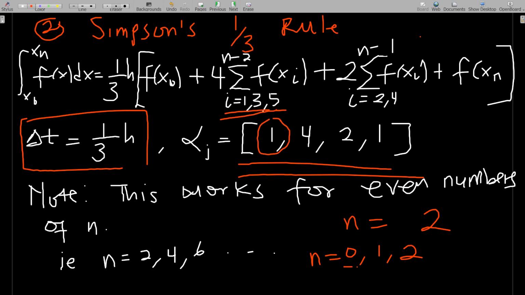So it means that for x1 the coefficient will be 4. Now 2 is the last one. That will be the f(xn). Here the f(xn) means the last one. So 2 will be the last one because n starts from 0 to 2. So the coefficient of f(x2) will just be 1. I hope you get my points.